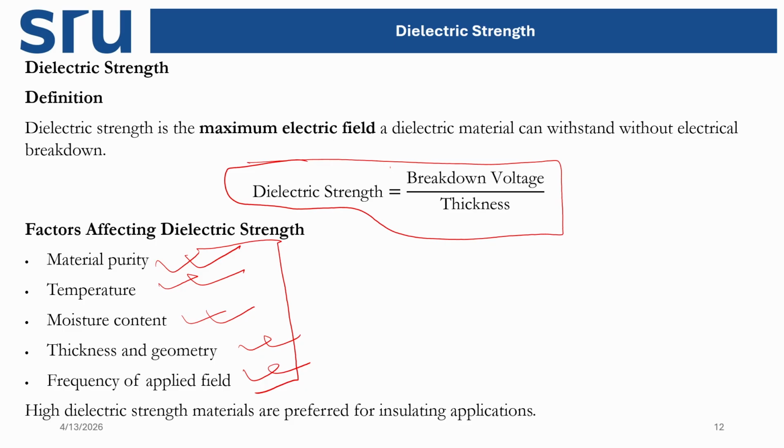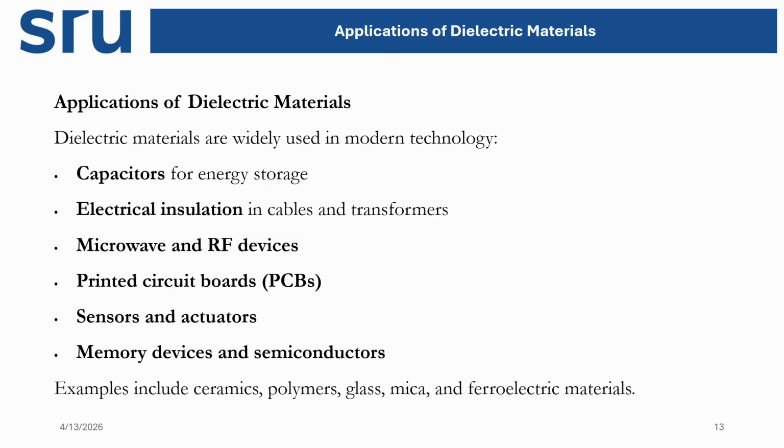These are the parameters on which the dielectric strength depends. For which purposes is it used? It can be used for capacitors, electrical insulators, microwaves, printed circuit boards, sensors, actuators, memory devices, or semiconductors.